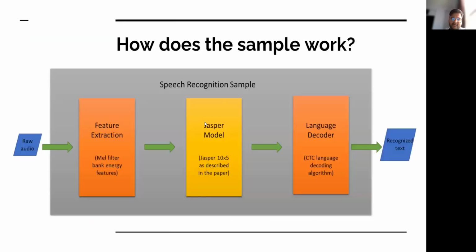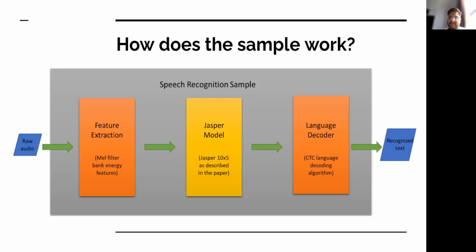The input passes from the audio form to the feature form, then into the Jasper model, which outputs a prediction vector, which is then decoded using a CTC language decoding algorithm, which is essentially a fancy name for an algorithm that removes the duplicate characters in a sentence, and then finally outputs our recognized text.